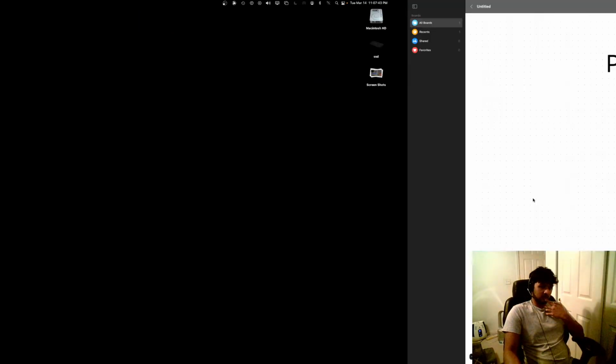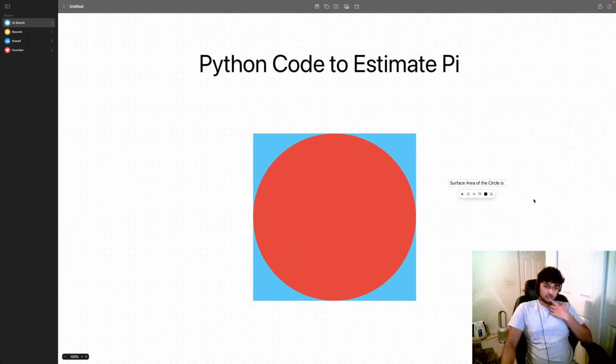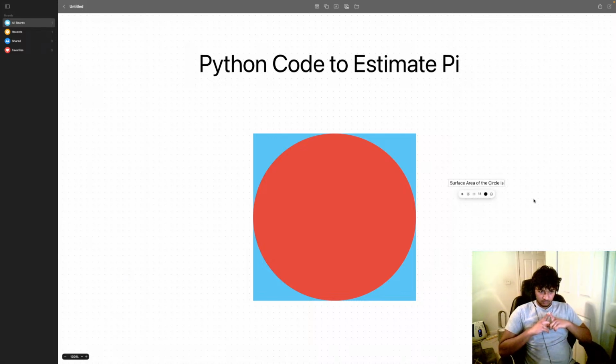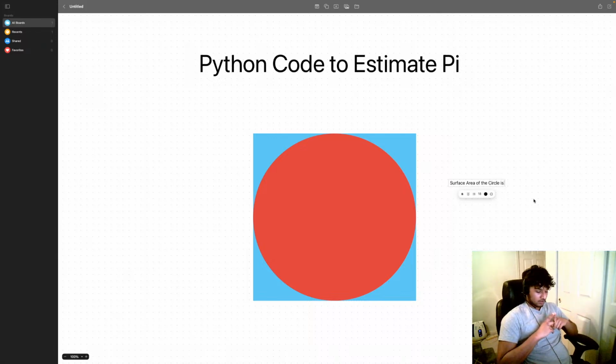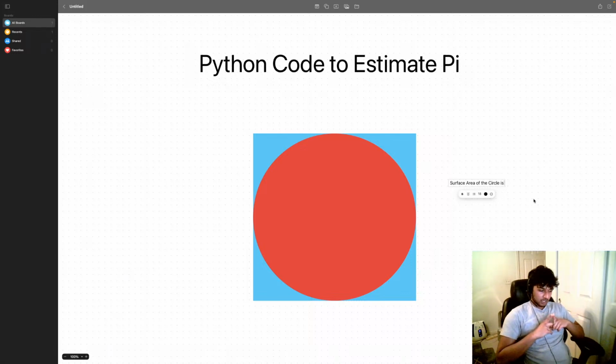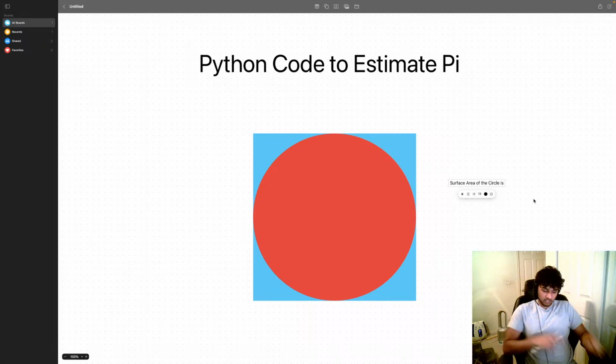Let's think here. What is the equation for the surface area of a circle? Well, the circumference of a circle, pi r squared, the circumference is 2 pi r. Here we go. It's coming back to me now.